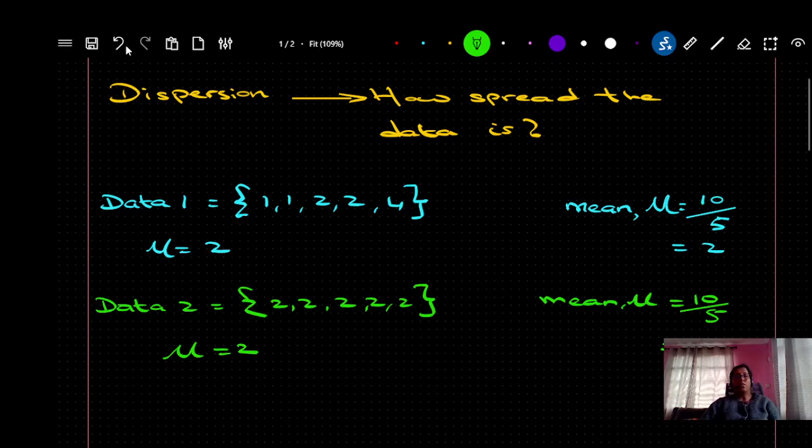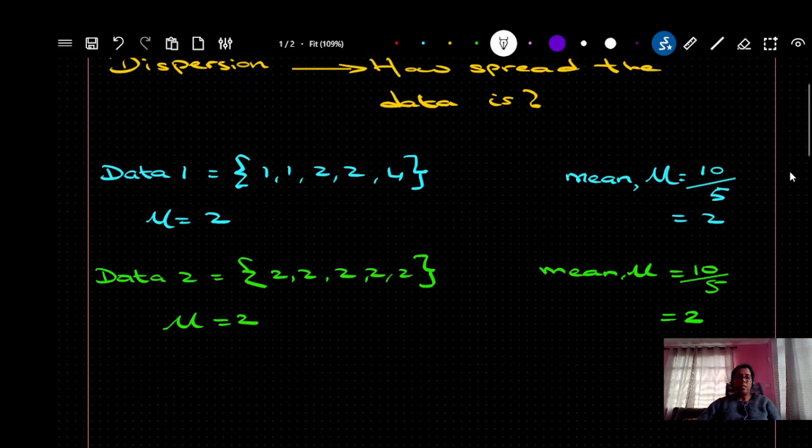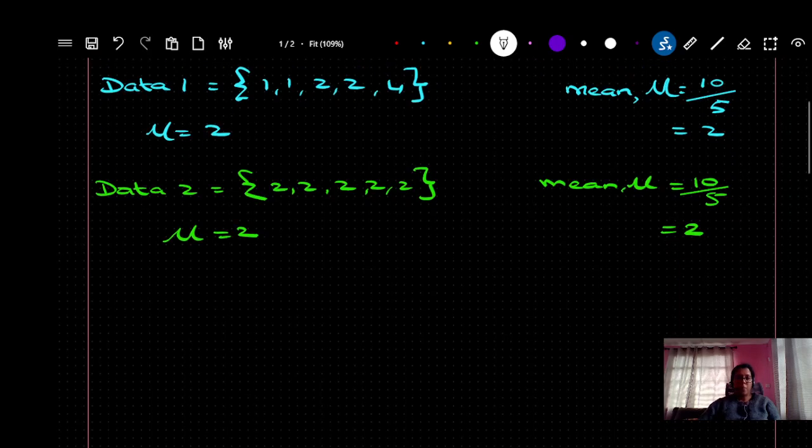They have different figures. How can you prove that? So here is where variance comes into play. This is the importance of variance, where you can prove that even though two data sets have the same mean, they are completely different data sets. Okay?